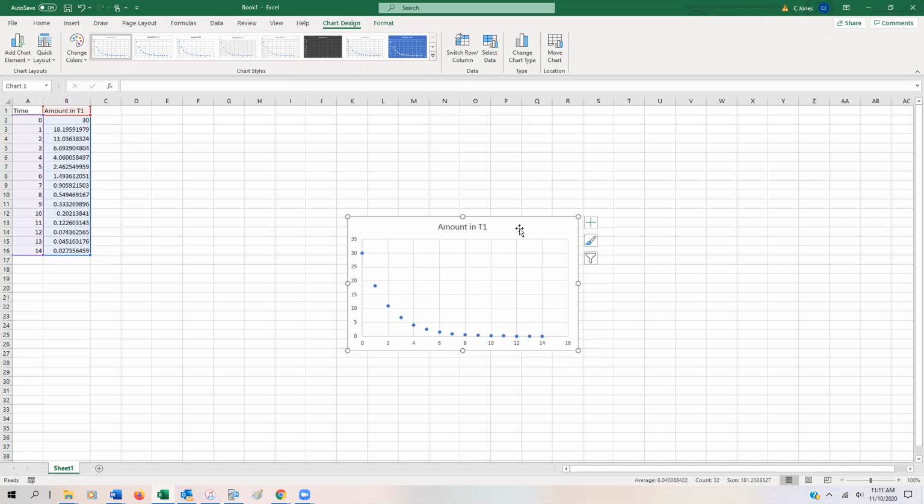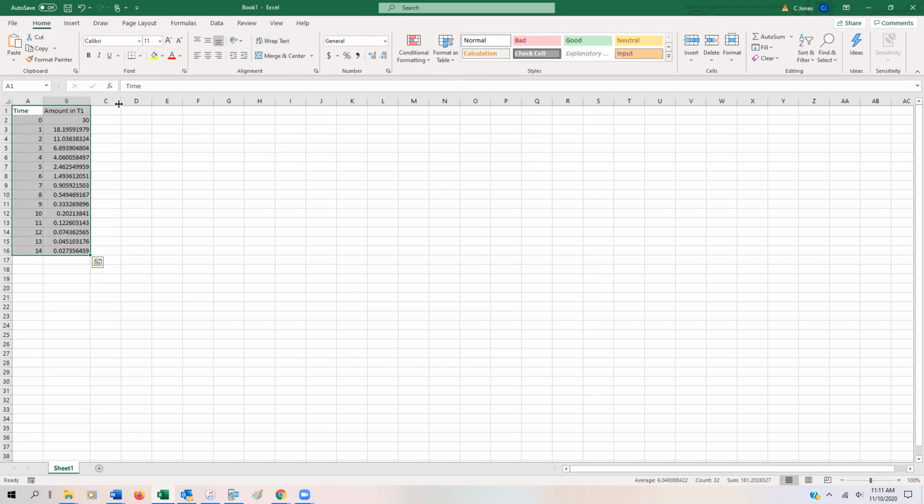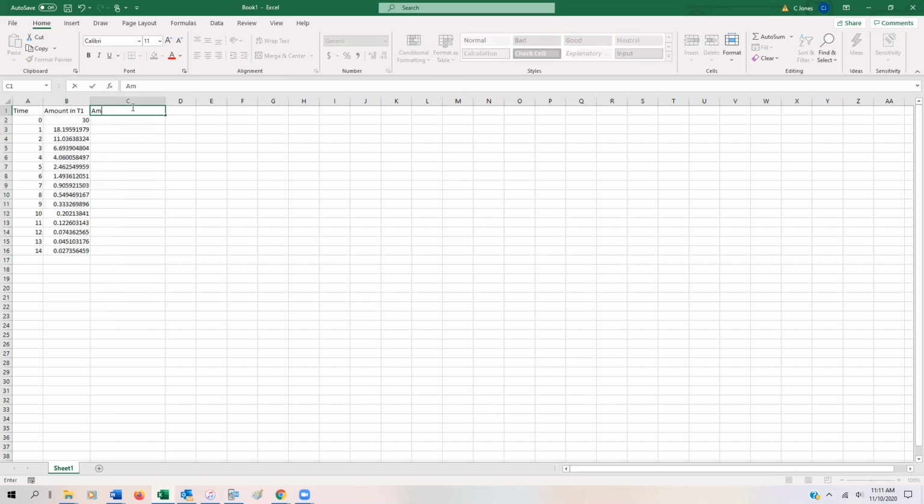You could do the exact same thing for the amount in tank 2, and again, just illustrating how you might do this easily. So remember, this one was equal to negative 60 times e to the t over 2, with A2 over 2, and it was negative.